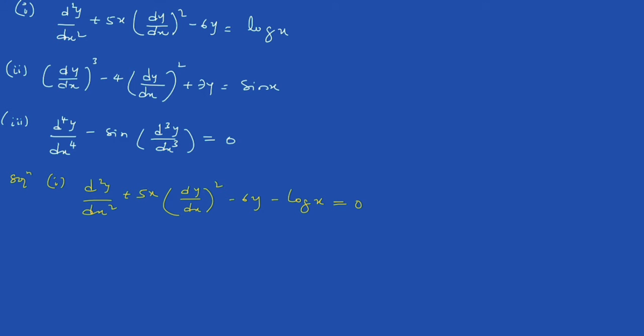So here the highest order derivative present in the differential equation is d2y upon dx square, right?